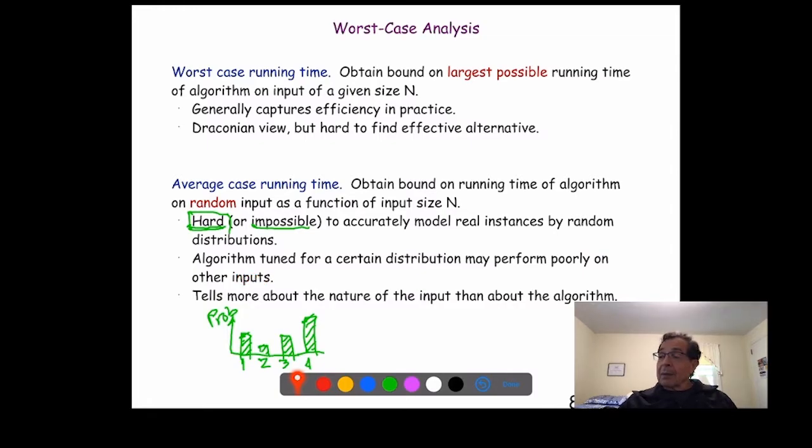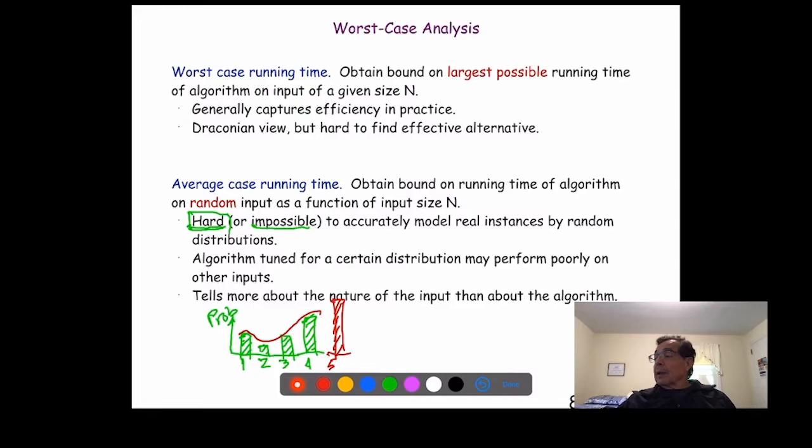We may have a nice looking distribution, but maybe we are not including all the possible cases, for the simple reason that there might be another input case we haven't discovered yet, and that can happen in reality. In that case, it can be really bad. It would take a long time, and that may be occurring a lot of times.